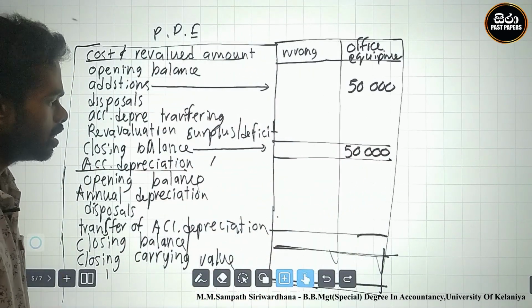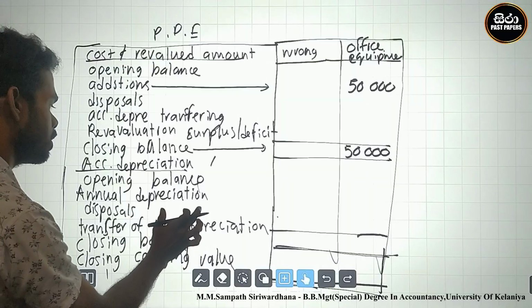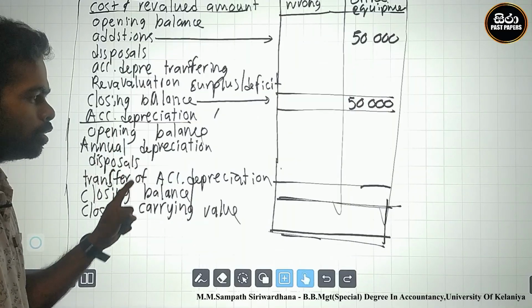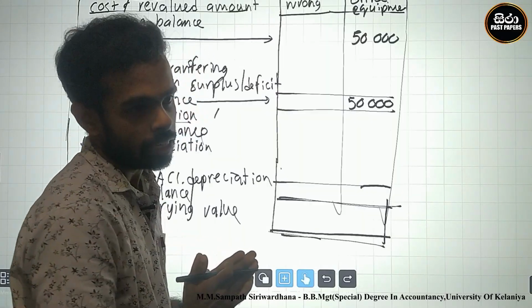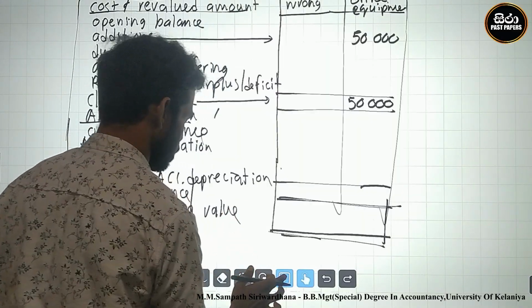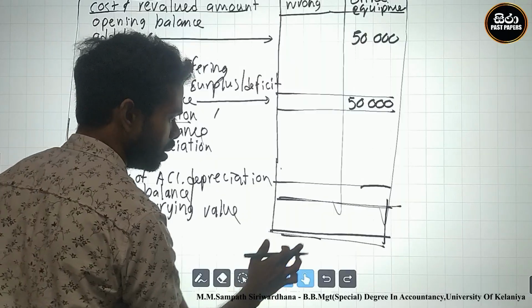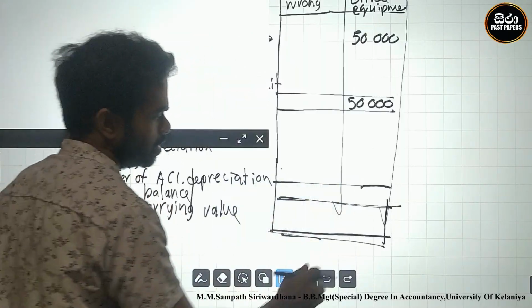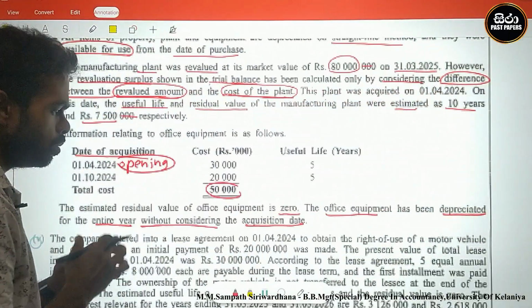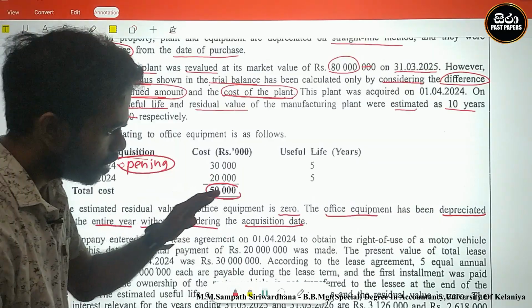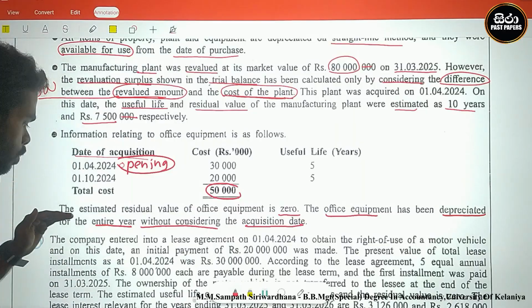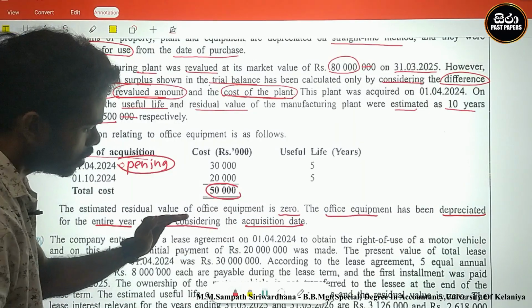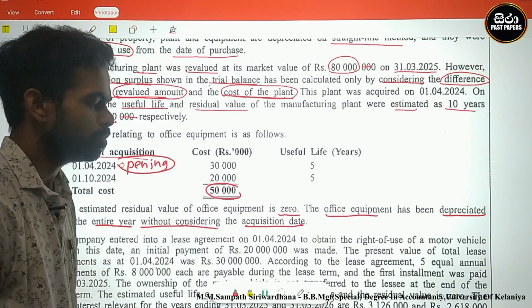Okay, after that we must identify the cumulated depreciation column. They said the office equipment has been depreciated for the entire year without considering the acquisition date.